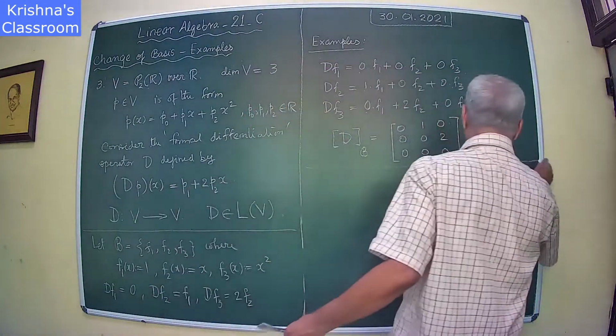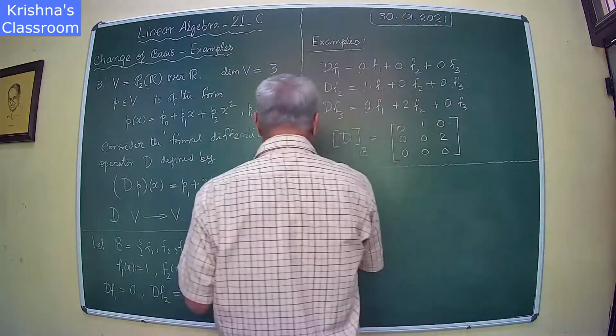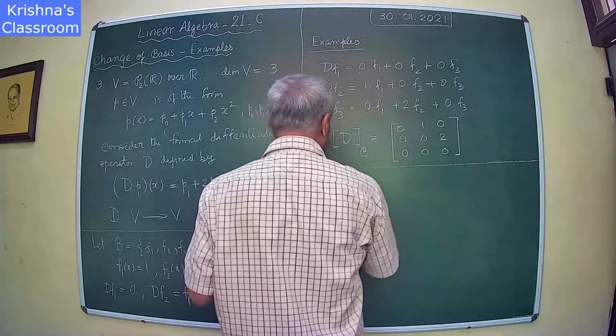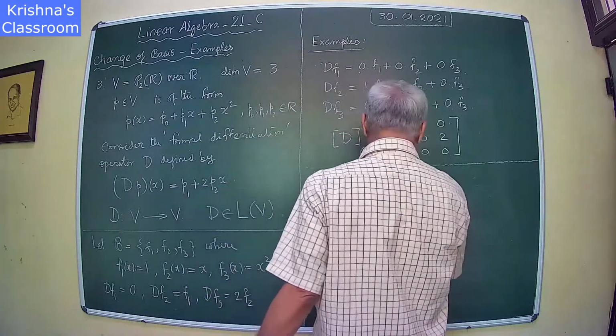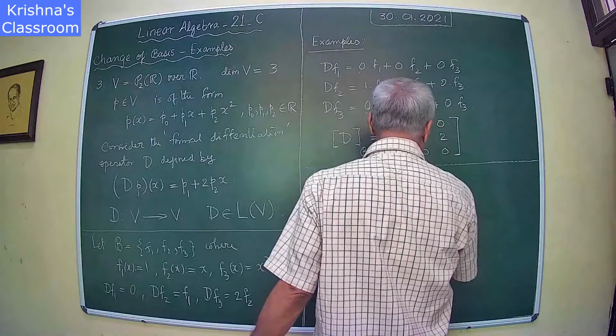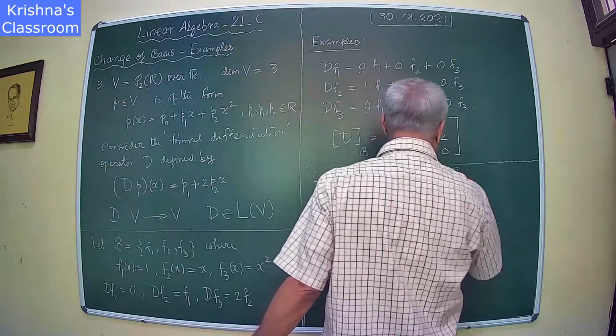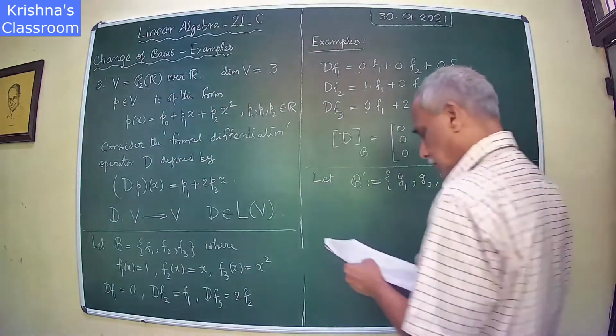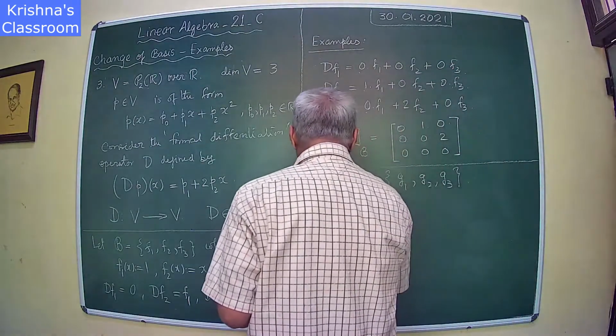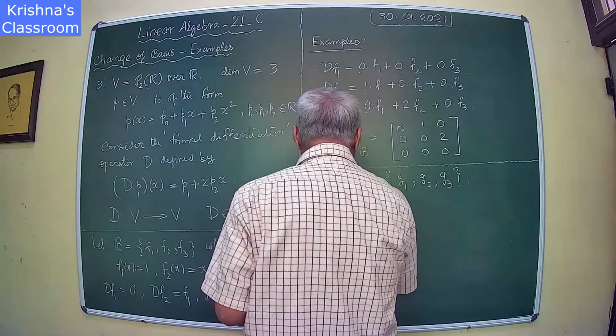Now we take another ordered basis. Let B prime be G1, G2, G3. These are again polynomials of degree less than or equal to 2. Now G1(x) is taken as 1 itself.